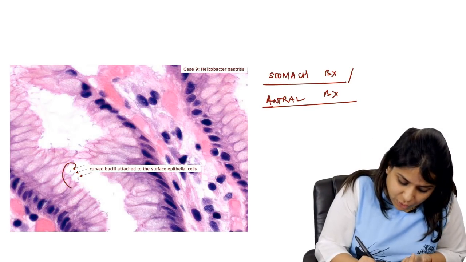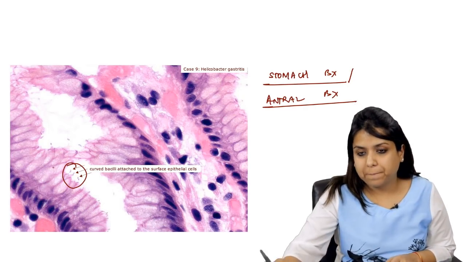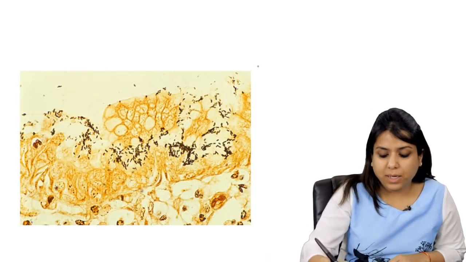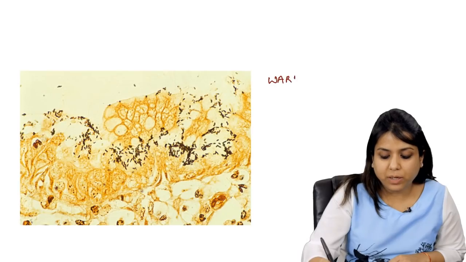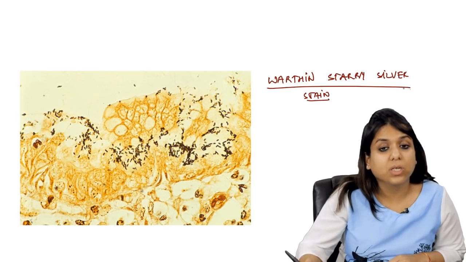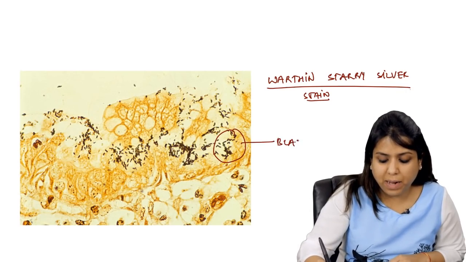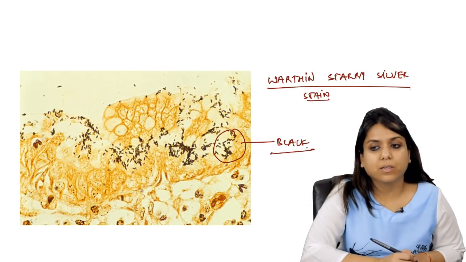These bacilli which you can see are H. pylori, stained with Warthin-Starry silver stain. Anything with silver stain is black in color. That's why this is black.